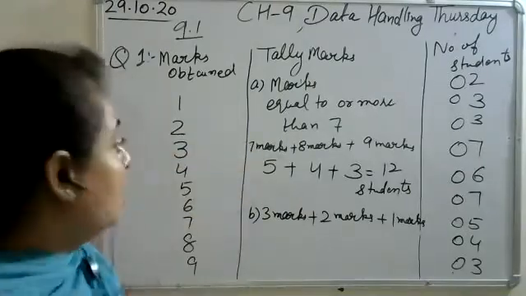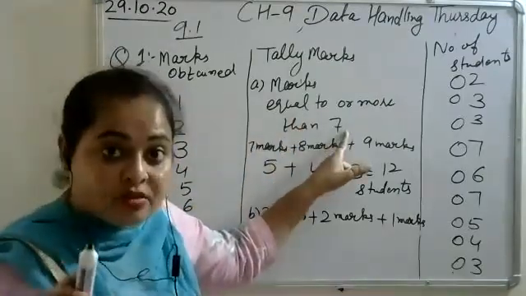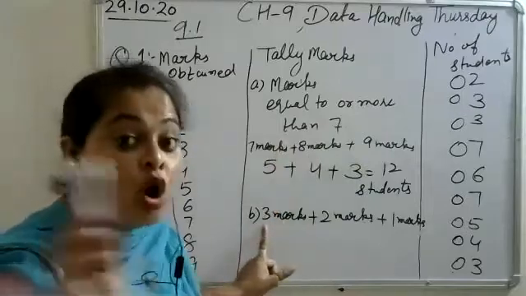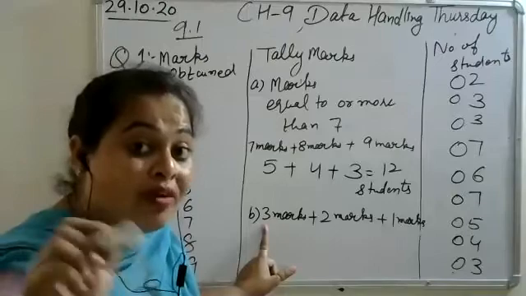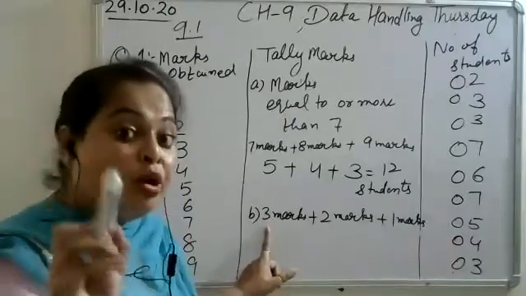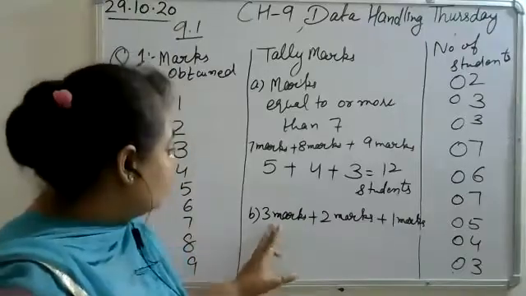A part is based on equal to 7, that's why we are writing 7 there. But B part is not based on equal to 4, so you will not include 4 here. Below 4 means 4 नहीं. So 3 marks.